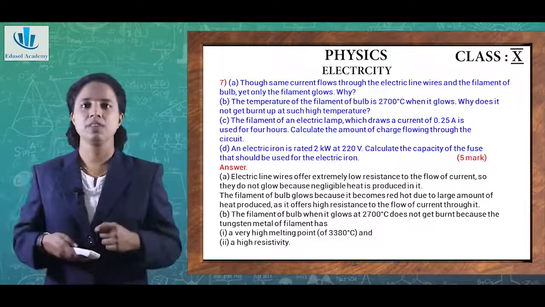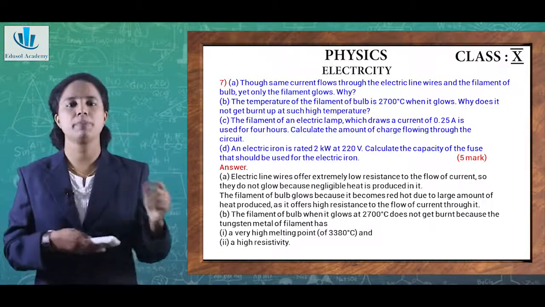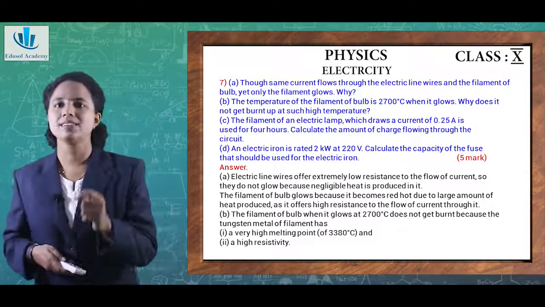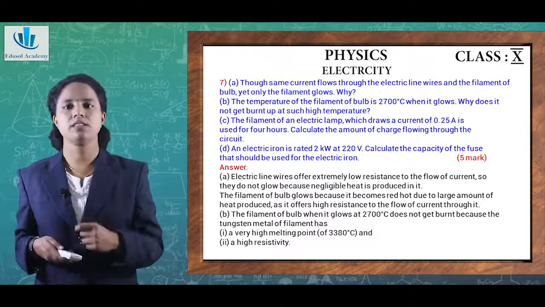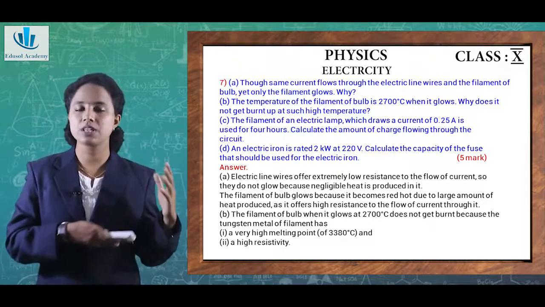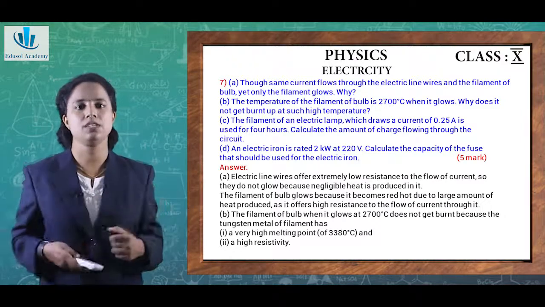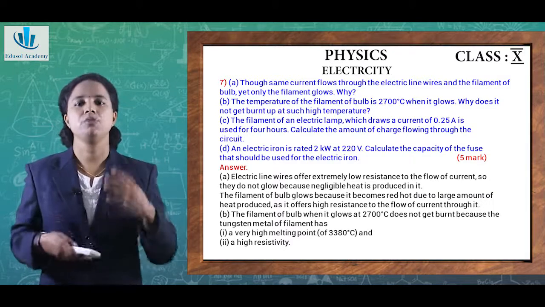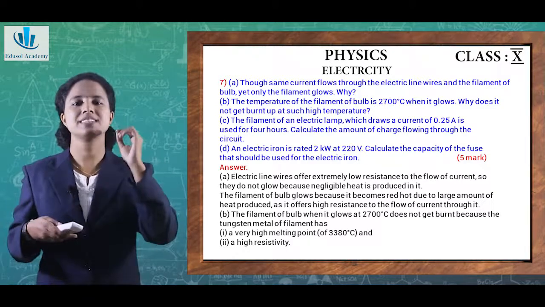The B section, the temperature of the filament of the bulb is 2700 degrees Celsius when it glows. Why does it not get burned at such high temperature? So the filament of the bulb, when it glows at 2700 degrees Celsius, will not get burned because the tungsten metal of the filament has certain properties.